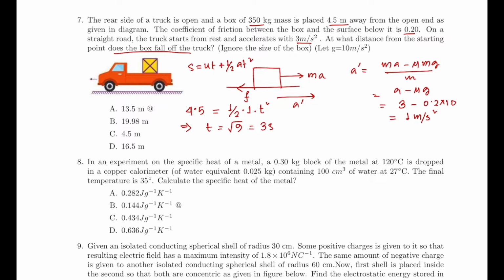So in 3 seconds the box will fall from the truck, and in that 3 seconds how much distance the truck travels, we have to calculate that. So again we will use half into the acceleration of the truck, 3, into 3 square, that is 27 by 2, which is 13.5 meters. Option A.